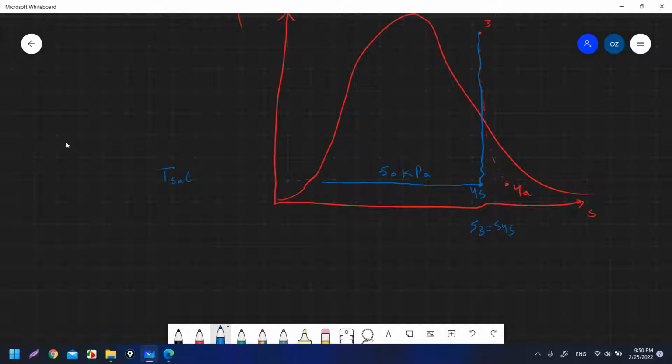So we will have this pressure line. The pressure line in the TS diagram is drawn like this, right? So this pressure line is the 50 kilopascal, all this line. If it is here the pressure for the condenser, it is also the same here, 50 kilopascal.